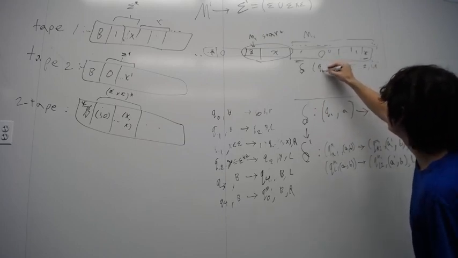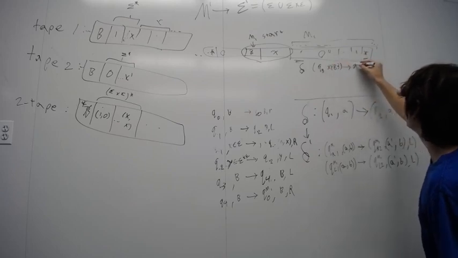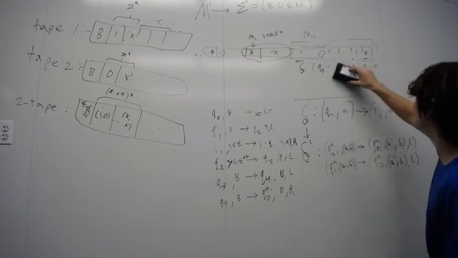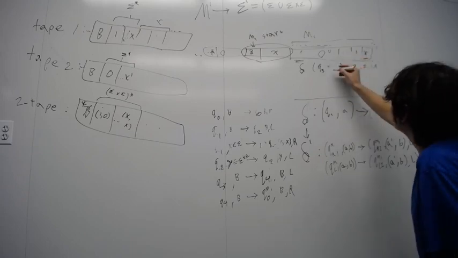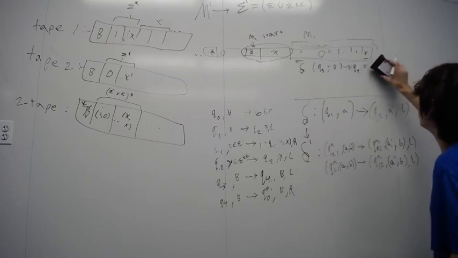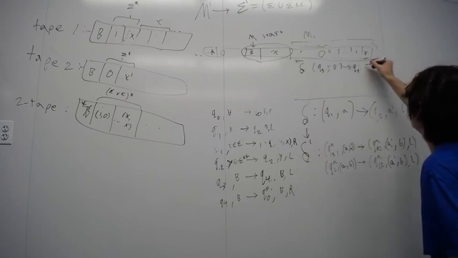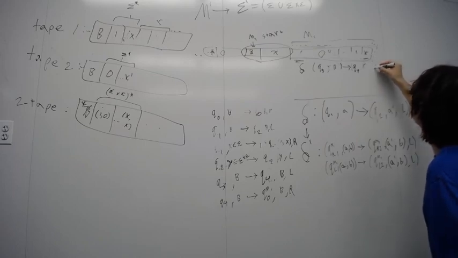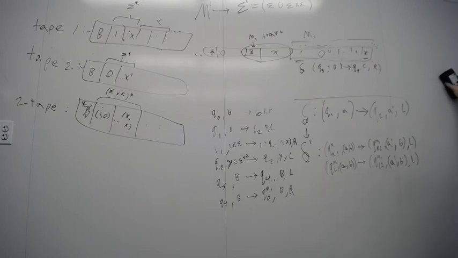Let's say I'm in Q3, and I'm going to Q4. I read a blank, go to Q4, write anything, it doesn't matter, call it C, and I'll move right, for example. Okay? As a hypothetical.